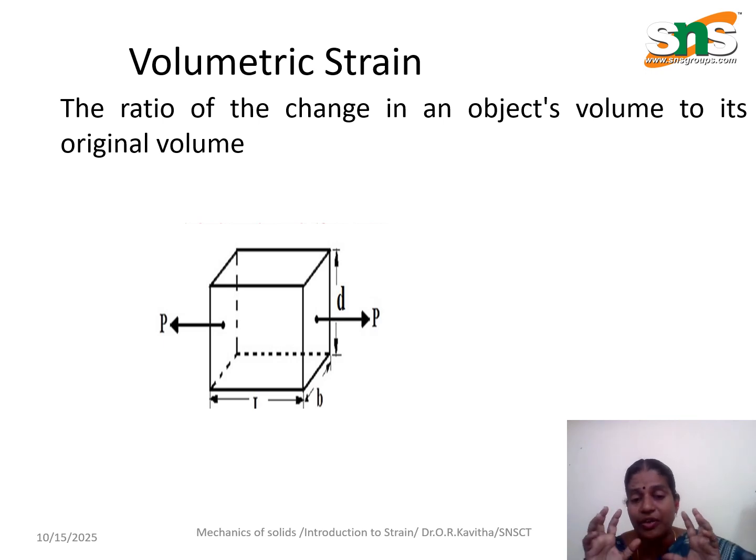As a whole, the volume before application of load is V. Whenever you apply load, there will be a change in volume. The ratio between the change in volume and the original volume gives the volumetric strain.